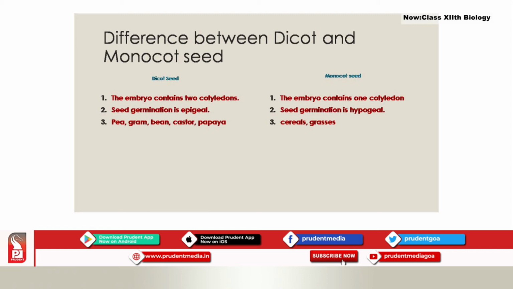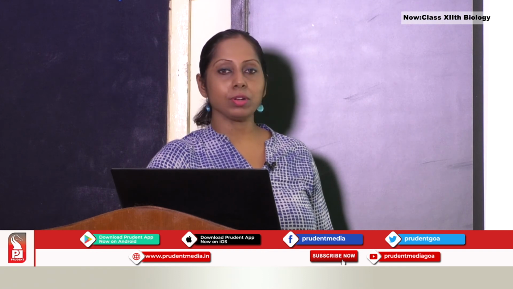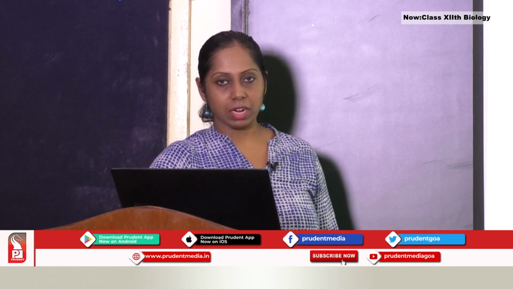Epigeal germination is the germination of the plant above the soil surface, and hypogeal germination is going to be germination of the plant below the soil surface. So in epigeal germination, you will see the cotyledons which are going to be above the soil surface, and in hypogeal germination, you will notice that the cotyledons are going to be below the soil surface. Examples of dicot seeds are pea, gram, beans, castor, papaya, and in monocot seeds we have your cereals and your grass plants.